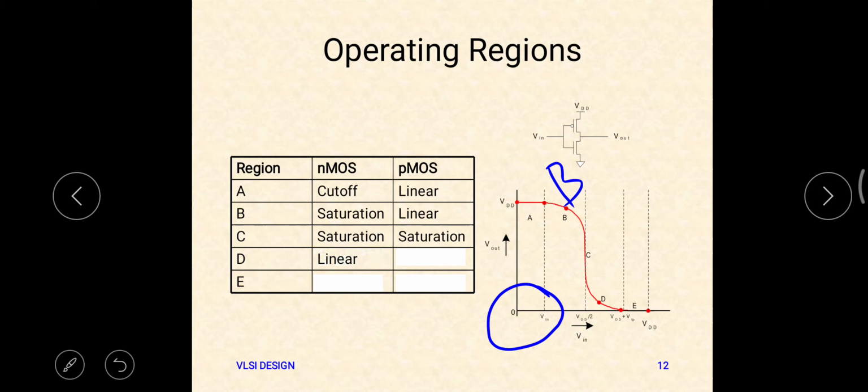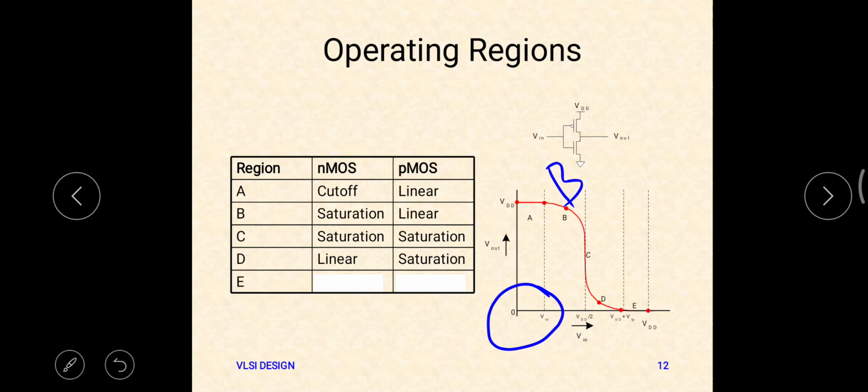And next, region D. In region D, your PMOS will be in saturation and NMOS will be in the linear region. So now we are closer to the threshold voltage, and the working of PMOS is at most suppressed. Your NMOS is trying to dominate the output.